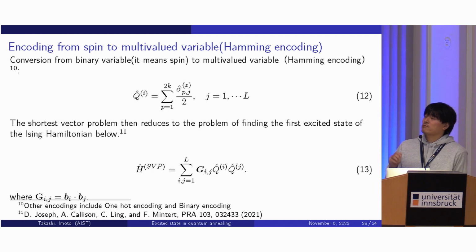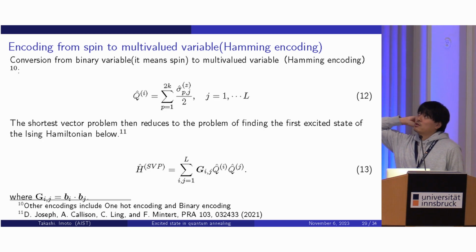On the left side, this Qi means a multiple variable. On the other hand, sigma Pj is a binary variable, and this is spin half, sigma z. And the shortest vector problem is reduced to the problem of finding the first excited state of the Ising Hamiltonian, as follows.